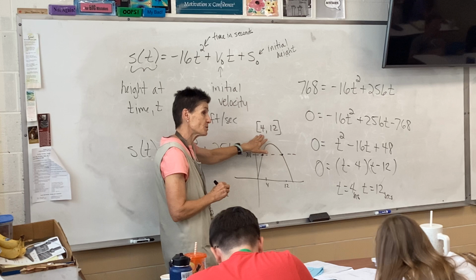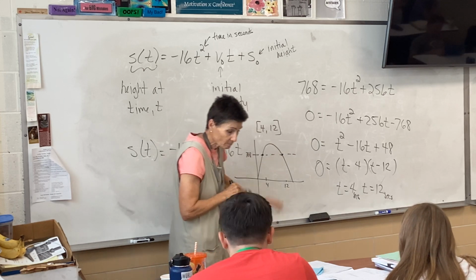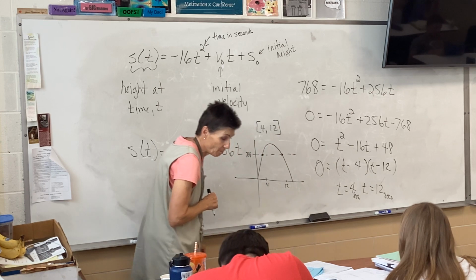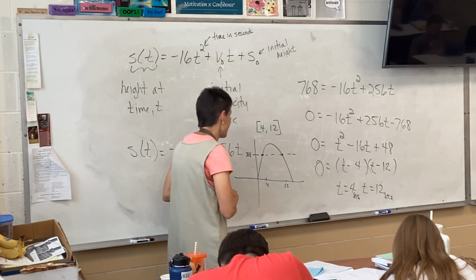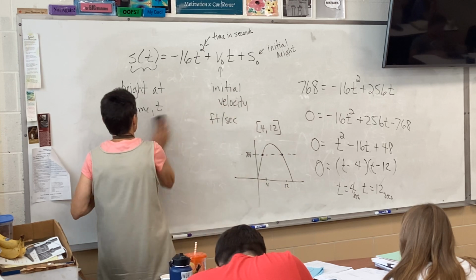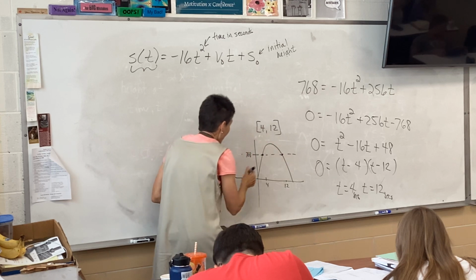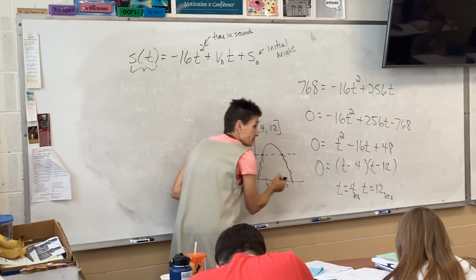And why is it closed? Because it says at least. When will the height above the ground be less than or equal to 768? Less than or equal to 768. Wouldn't that be here and here?